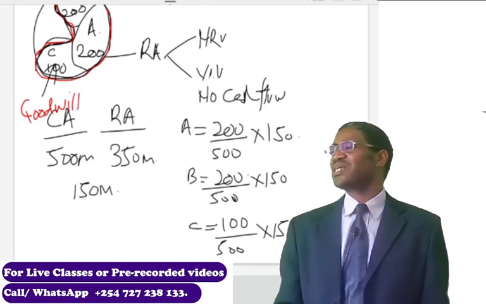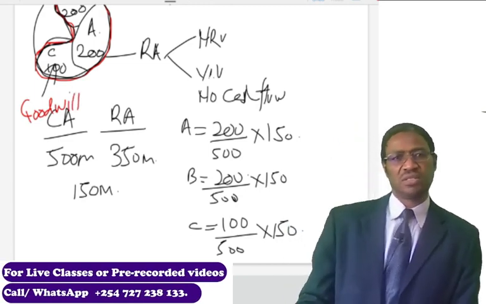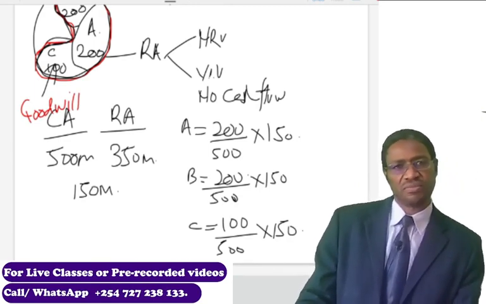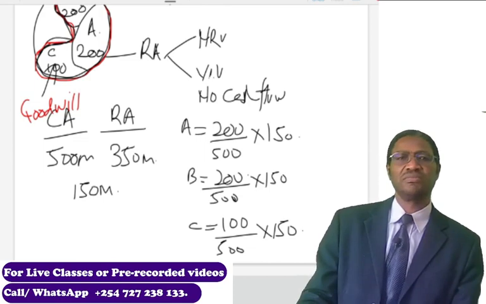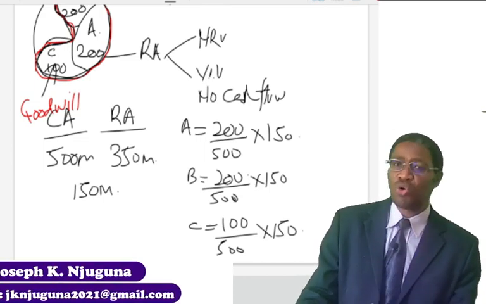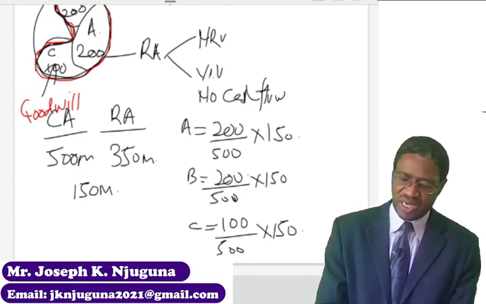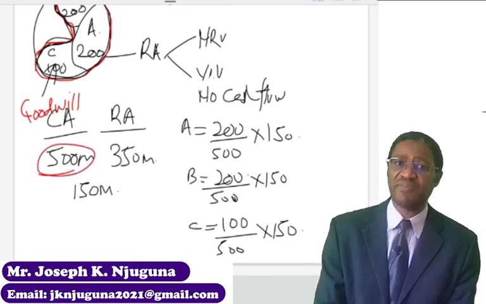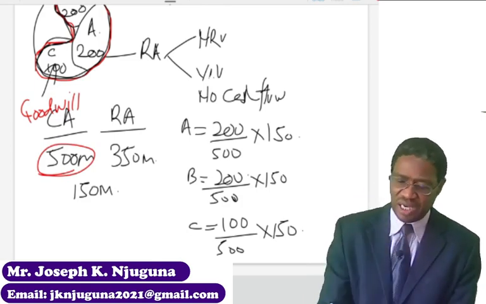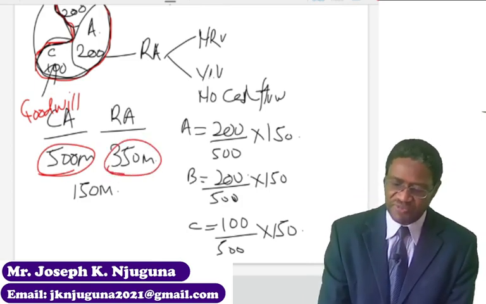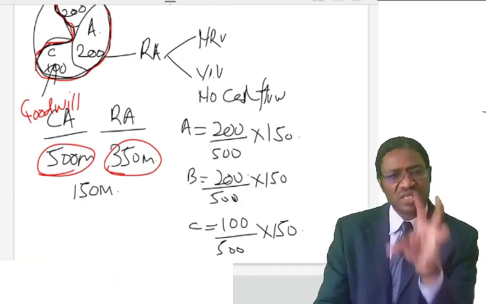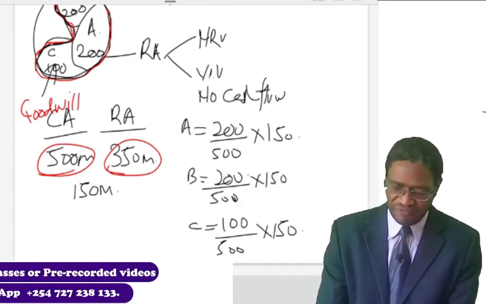Still, the carrying amount of the unit remains 500. You calculated the recoverable amount, you got 350. Then you realize the unit has suffered an impairment loss of 150.